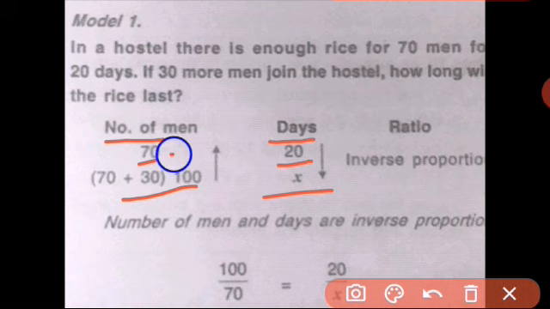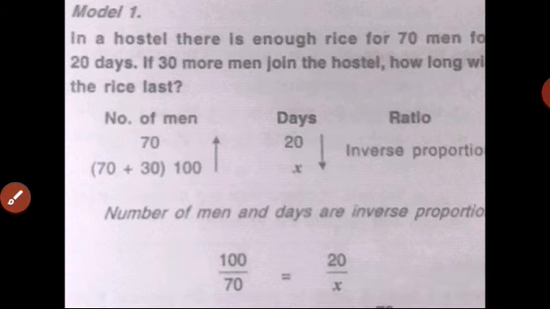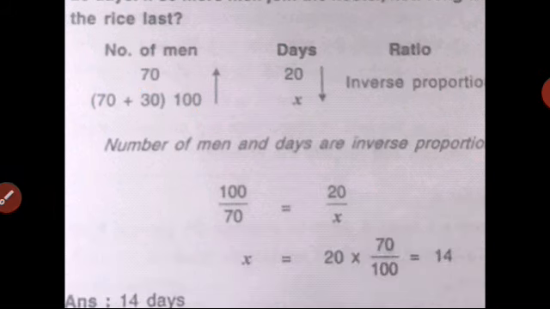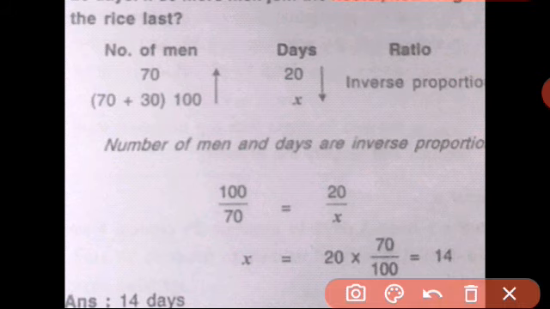Here you have to do straight multiplication. That is exactly 70 into 20 divided by 100, you will get 14 days. It will last only for 14 days.